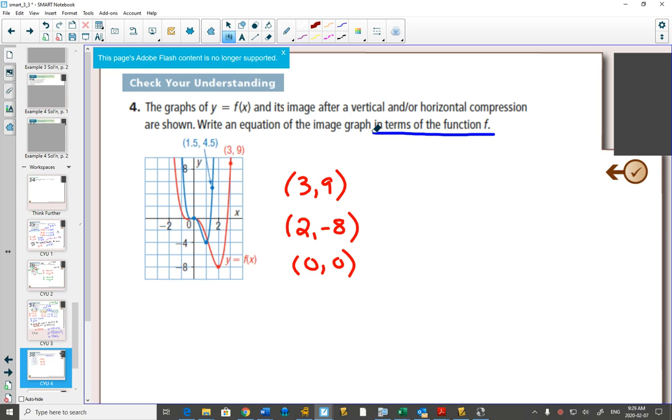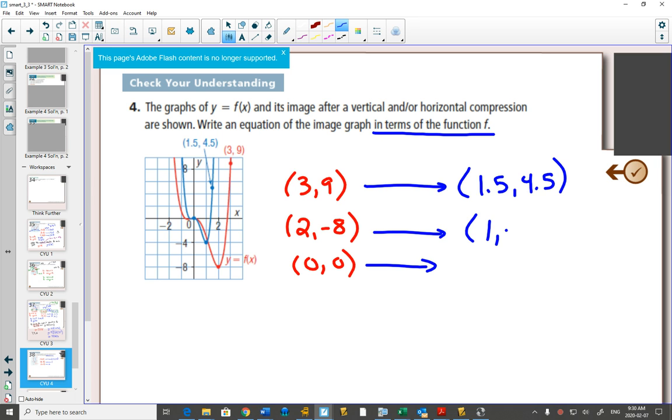And then we can see that something's happened, and it's changed, and now we've got (1.5, 4.5). And (2, -8) went to (1, -4). And (0, 0) stayed the same.